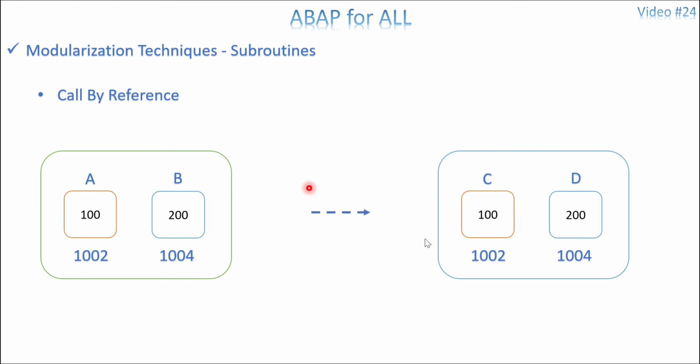And the quite interesting part is the syntax: FORM add USING A B. If there is no VALUE keyword before a variable, then the system considers it call by reference. Or probably it should be C and D here. One second.